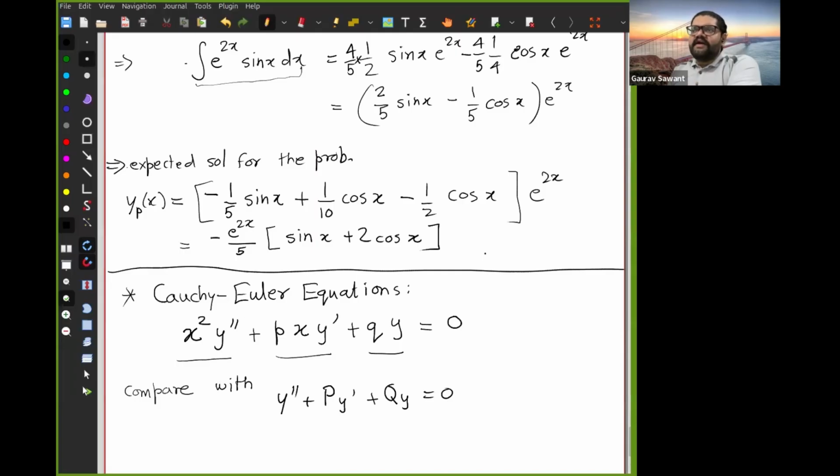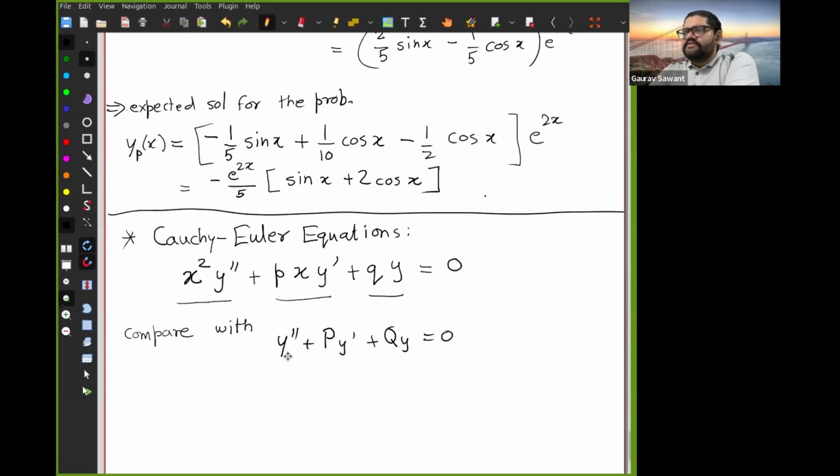So if my derivative is first order, I have attached an x. If the derivative is second order, there is a x square attached. You can have it as the higher order case as well, where you will have x power n nth derivative of y plus something x power n minus 1 n minus 1th derivative of y and then so on. So such a thing, if you think about it, is essentially keeping the degree same throughout.